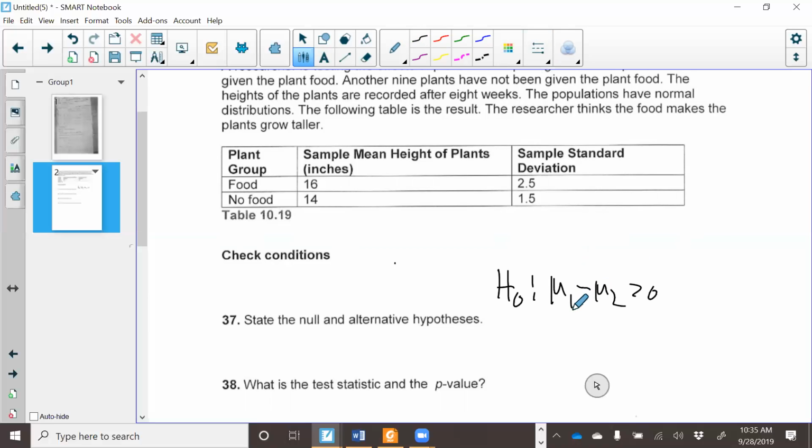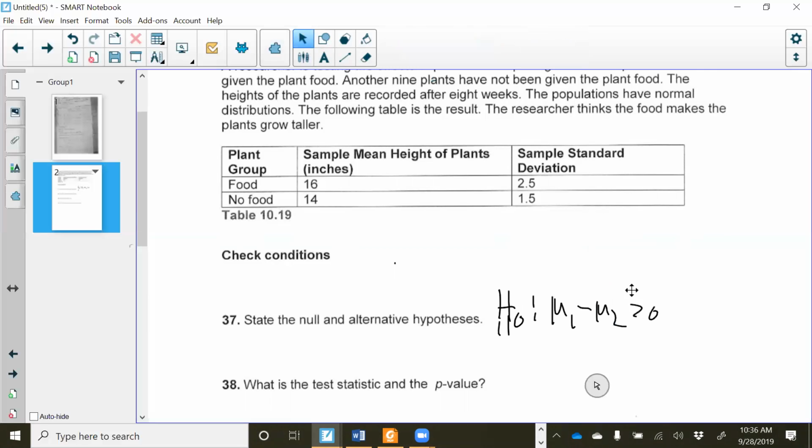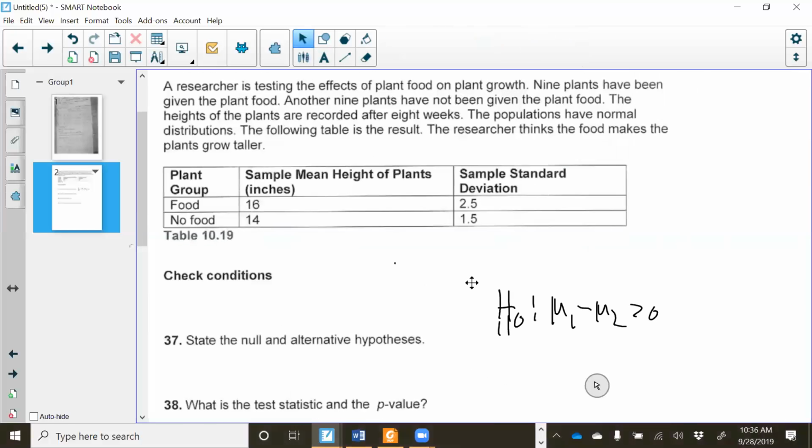You could have written mean 1 is greater than mean 2. And I'm sorry, I just messed that up. I hope you caught that. That's supposed to be H1, not H0. H0 is supposed to be a statement of equality. Let's delete that and try this all over again.